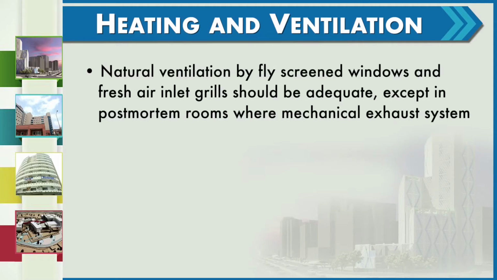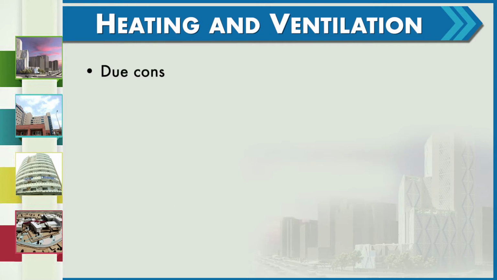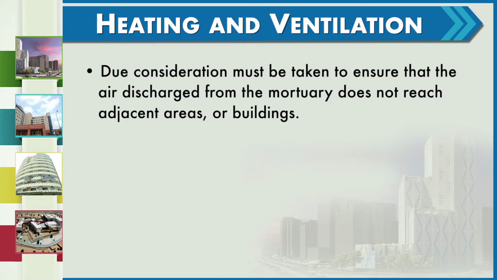Heating and ventilation. Natural ventilation by fly screened windows and fresh air inlet grills should be adequate except in postmortem rooms where a mechanical exhaust system is necessary. Fans should be of variable speed type designed to produce up to 10 air changes per hour. Due consideration must be taken to ensure that the air discharged from the mortuary does not reach adjacent areas or buildings.